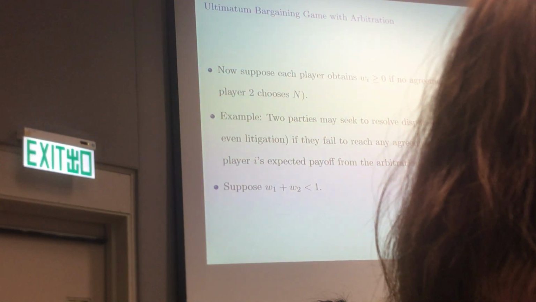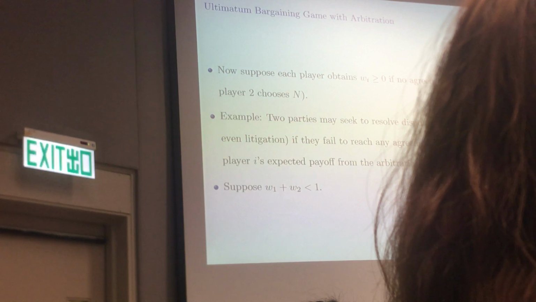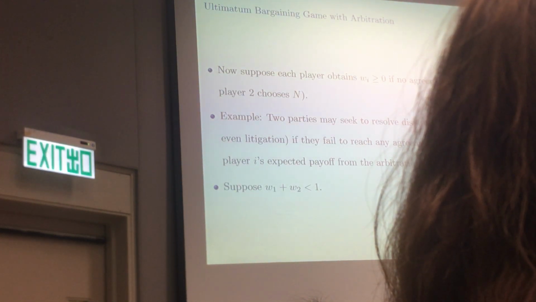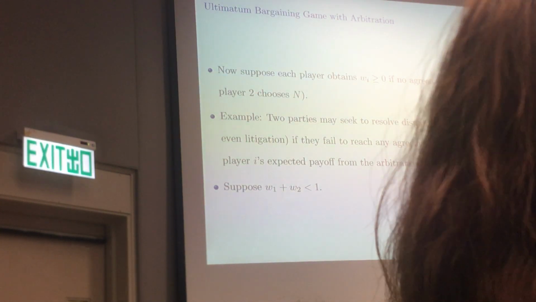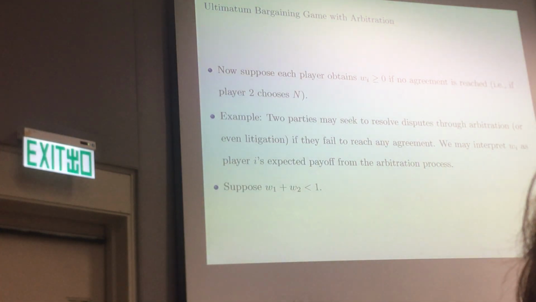I mean, considering the probability of winning, the payoff conditional on winning, conditional on losing, etc. And you can just understand W1 as player 1's calculation of his or her own expected payoff from the arbitration process, and W2 as player 2's expected payoff from the arbitration process. Okay?